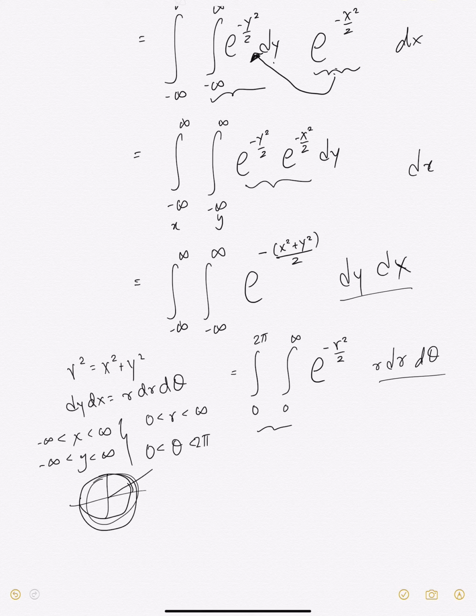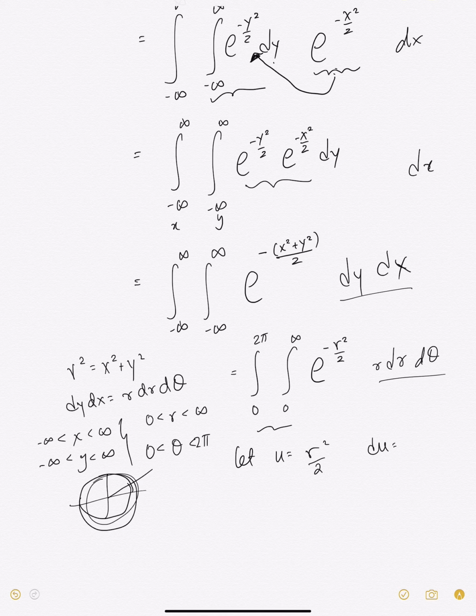What can you do now? In this situation, clearly you can do a u substitution. If you want, let u equal r squared over 2.